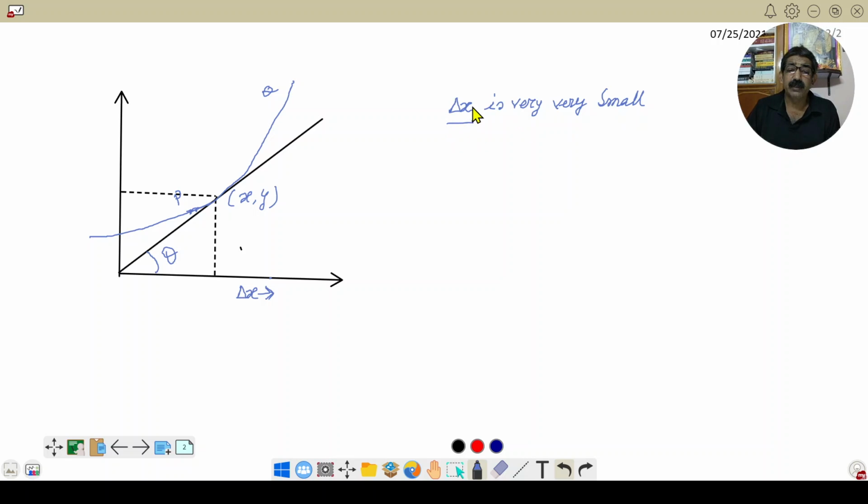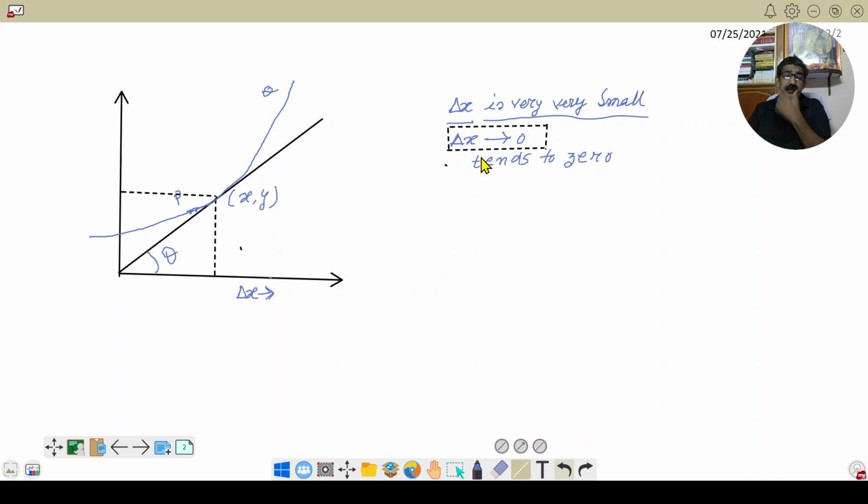In place of this long sentence, this is written as delta X tends to 0. This is the notation: delta X tends to 0.